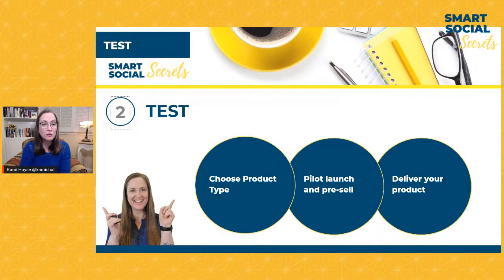And so you want to choose your product type that's something that's got a result they can get pretty quick. And then you want to pilot that and launch it. So here's the thing. If you're going to build something that costs money, and you can do that with a smaller product too. So like say a $97 mastermind workshop, where when you come, you're going to leave with this thing. Maybe it's just a piece of the pie, not the whole pie, right?